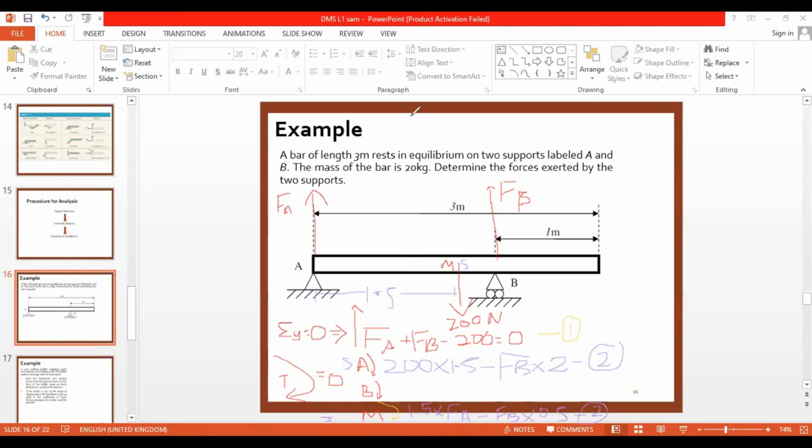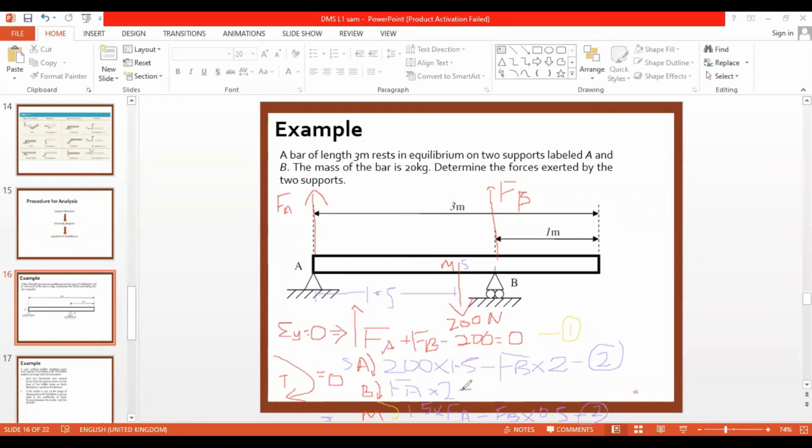Okay, so we'll try from B also, right? If I'm taking from B, I'm taking clockwise, so FA into this length 2, and here I have mass acting downward, so that is in the anti-clockwise direction, right?